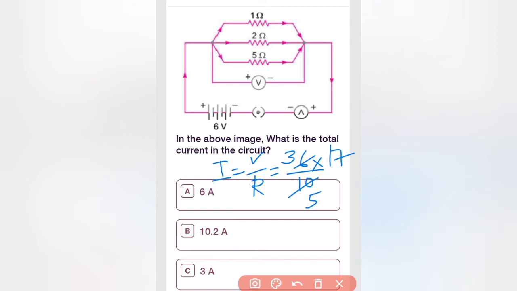So you can multiply 17 into 3 divided by 5. 3 sevens are 21, 3 ones are 3. So it's 51 divided by 5. It is 10.2. Option B is the correct answer.